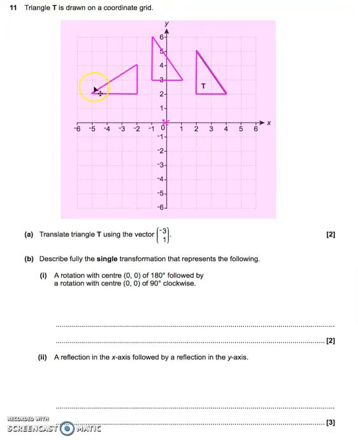So this point is now here, and this point is here, and this point is here. You should be able to see that it's just rotated 90 degrees, and it's gone in an anti-clockwise direction. So that is our description. We're going to say it's a 90 degrees rotation anti-clockwise.